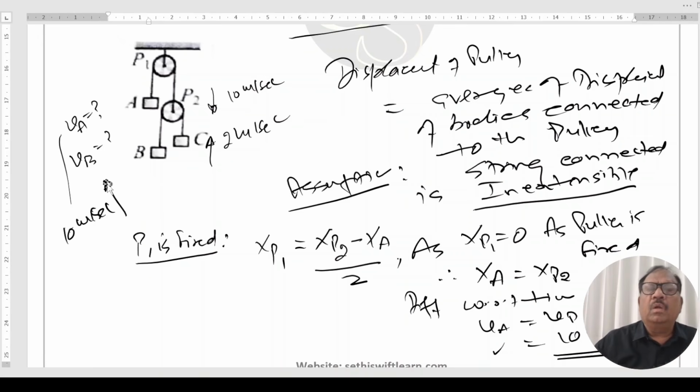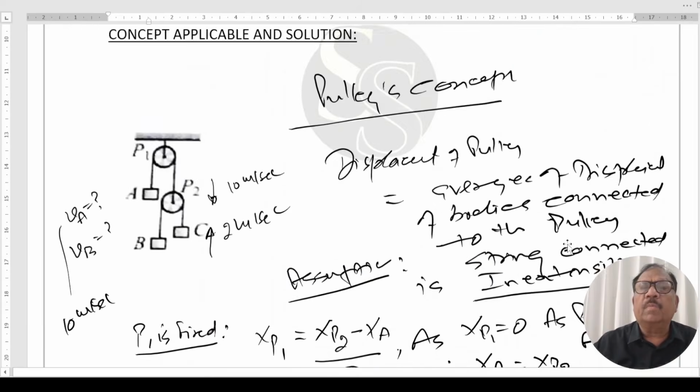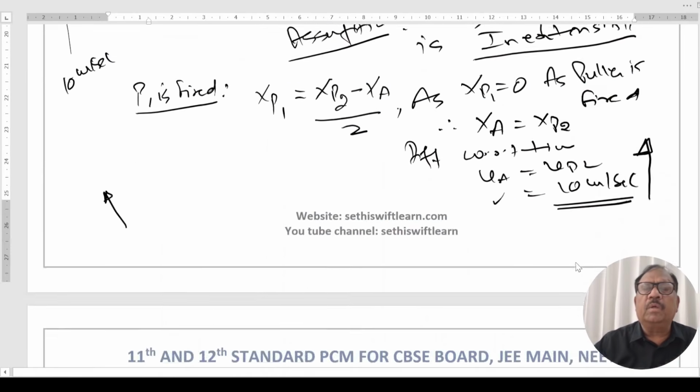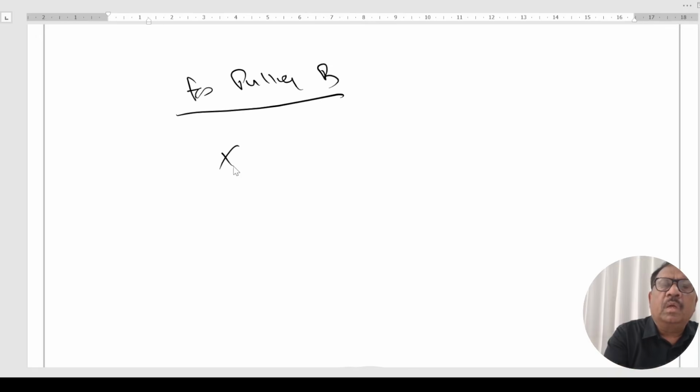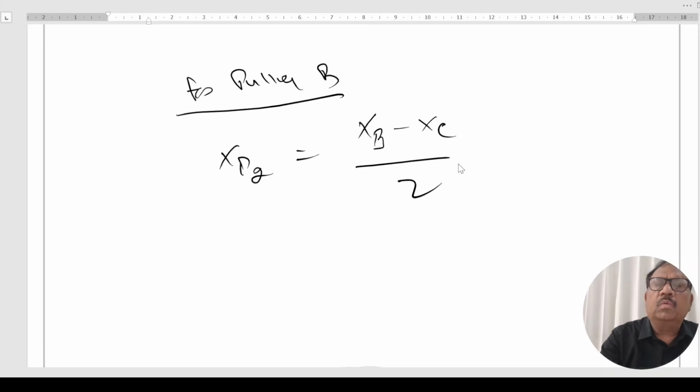Right? Now, considering pulley B, for pulley B, XP2 equal to XB minus XC divided by 2.